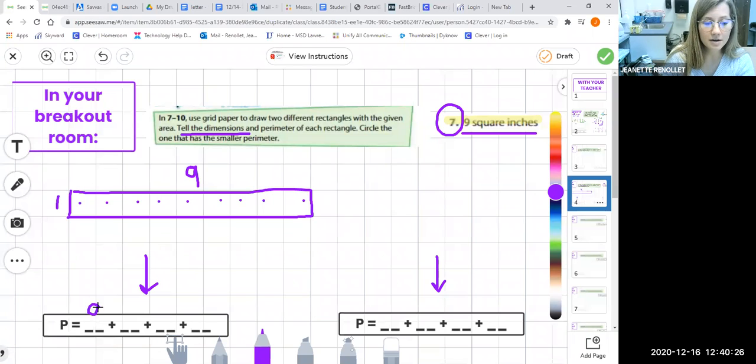That would be 9 plus 9 plus 1 plus 1. That would be a total of 20 units.